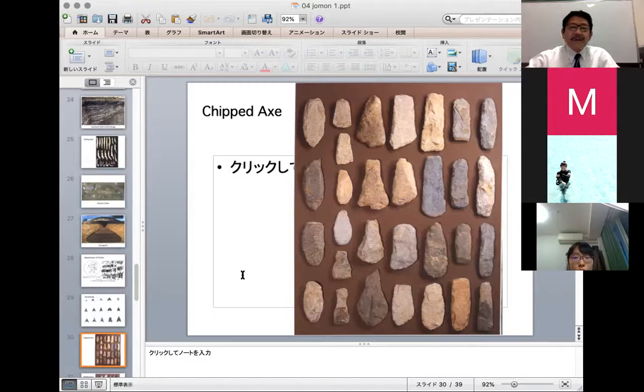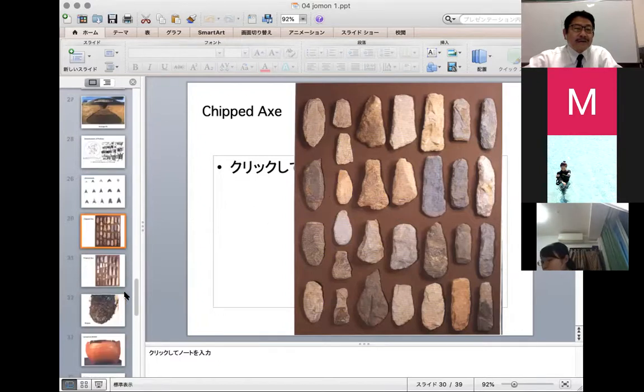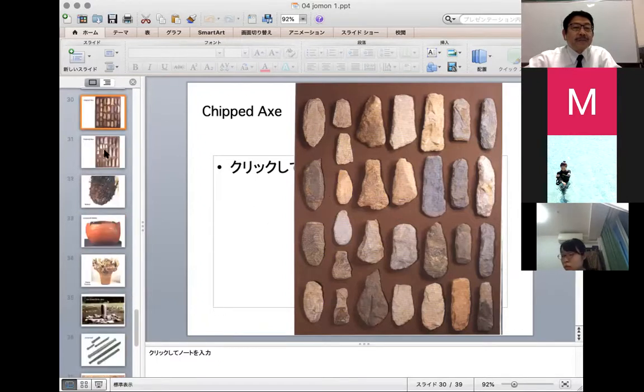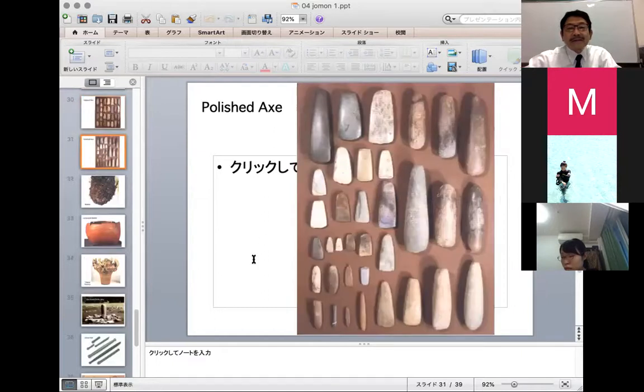So naturally, they had so many of these tools, and these tools are very crudely made, so they're very easy to break in use. So you can just throw it away and make a new one. It's like a pet bottle today. Easy to abandon too.